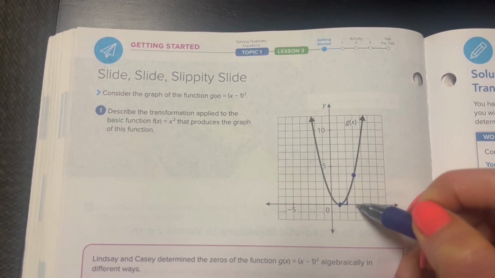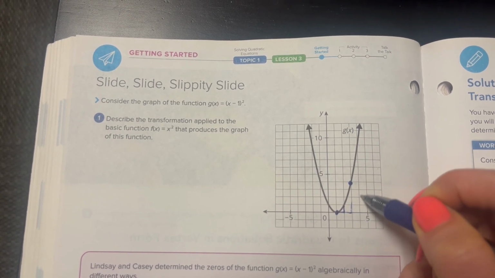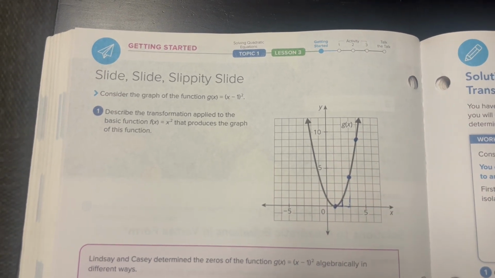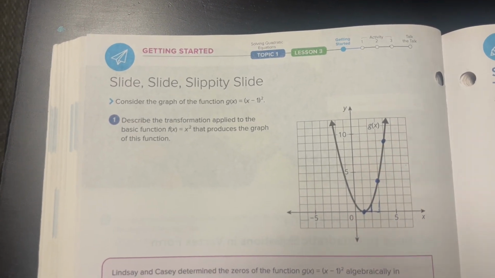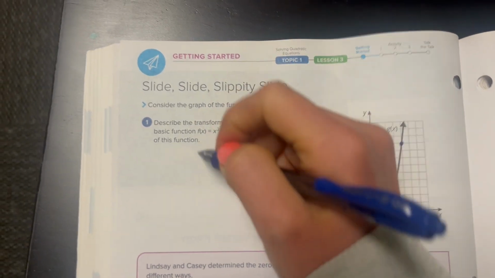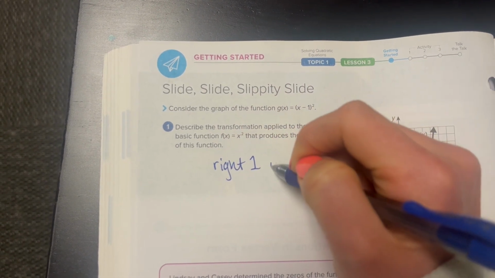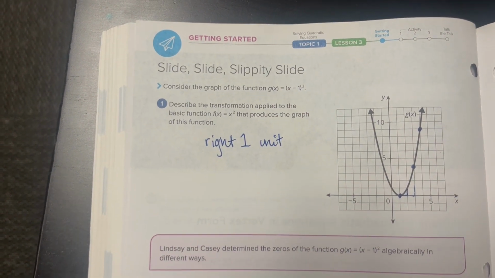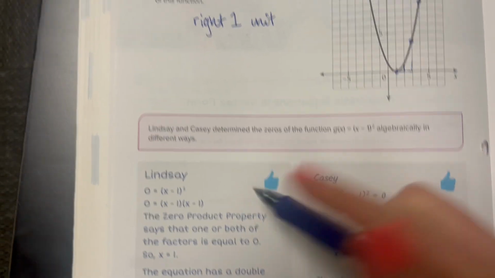And 2 squared is 4, which means that 3 should go up to 9 because 3 squared is 9, and that's how you know it's the way it's supposed to be. 1 squared, 2 squared, 3 squared when you plug in 1, 2, and 3 boxes away. So this is just right 1 unit. No dilation, no reflection.